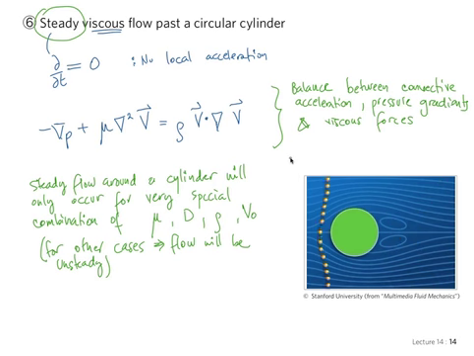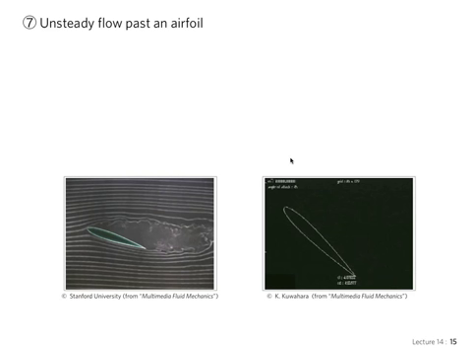The final example that I will show you, or discuss, is unsteady flow past an airfoil. We had the steady case, now the unsteady case. In the unsteady case, basically all the effects are considered. We have local acceleration, we have convective acceleration, pressure gradients, the viscous effects, and unsteady terms. All of the terms are included here. And we have the full equation, where the only one that we can neglect is hydrostatic effects, basically, because the changes in elevation are quite small.